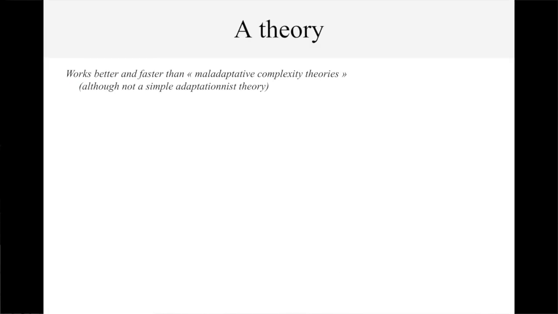First, this theory, in fact, I didn't have time to explain all the other theories which are around about the evolution of complexity, most of which can be summarized by saying that complexity is more or less maladaptive. It's just arising in small populations because of the fixation of deleterious mutations.